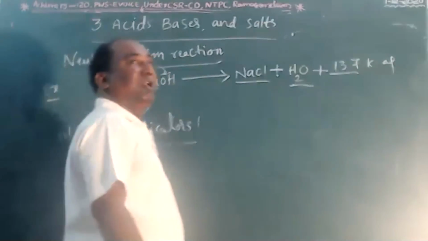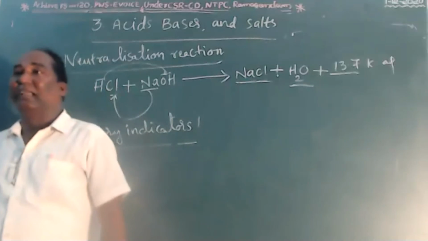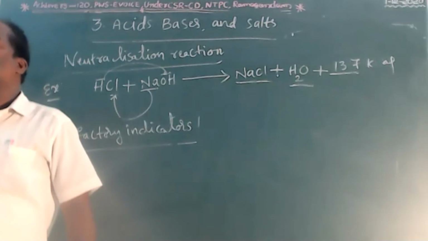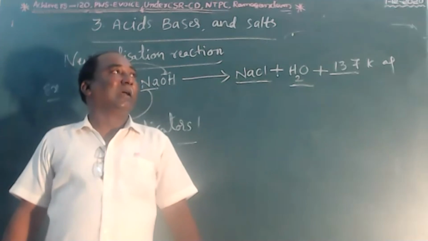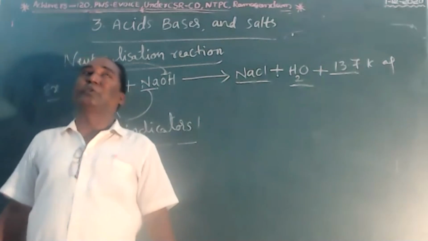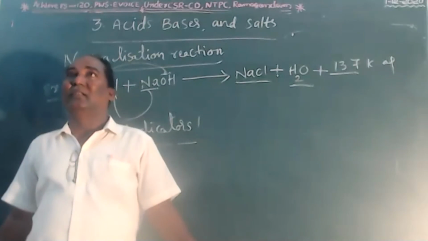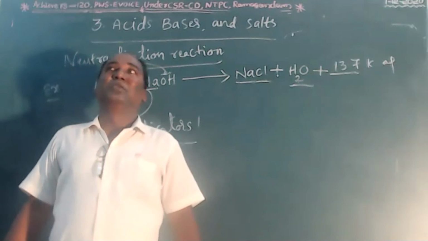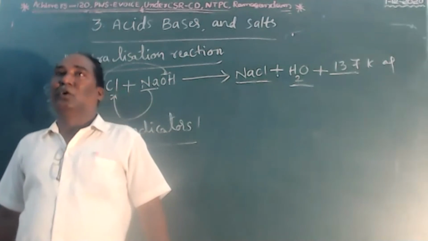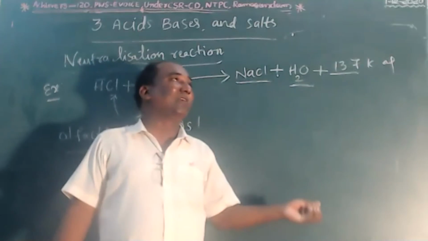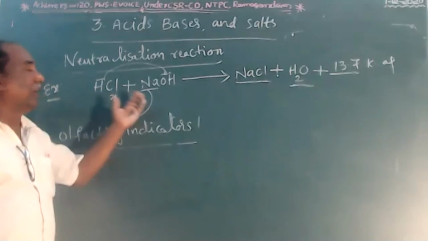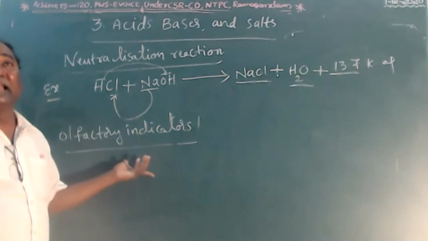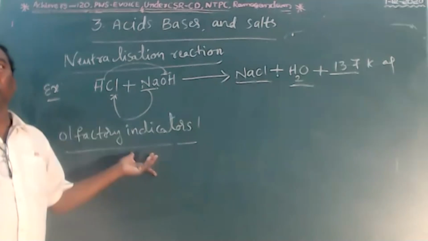So the neutral solution we have to identify with the universal indicator. A neutral solution has a pH value of 7. That is called the neutral solution. By the universal indicator we can identify the neutral solution.